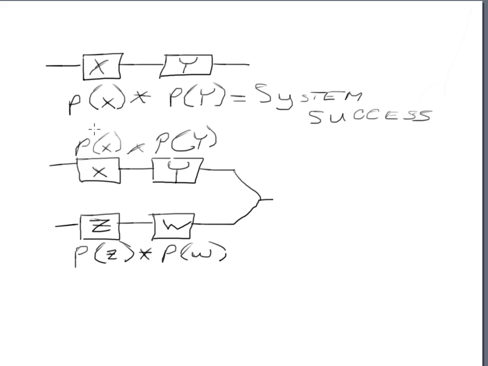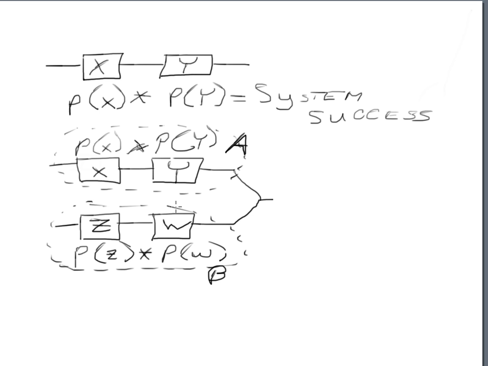Then we can see that we have up here at the top, for instance, if we call this system A, and down below we have another system that we're calling, for instance, B, we can see that the probability of success is going to be when we multiply the probability of system A times the probability of system B. So to get this, we have to continue to work our way through each one of these systems independently.